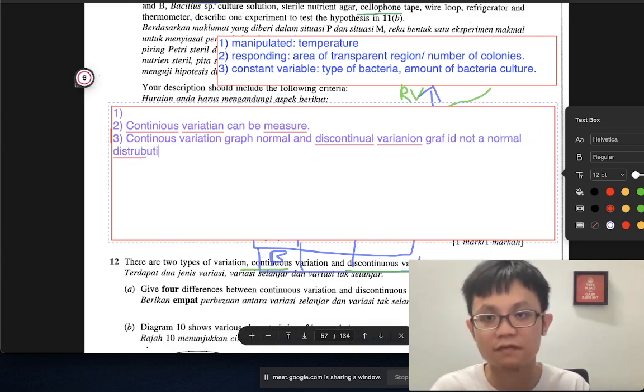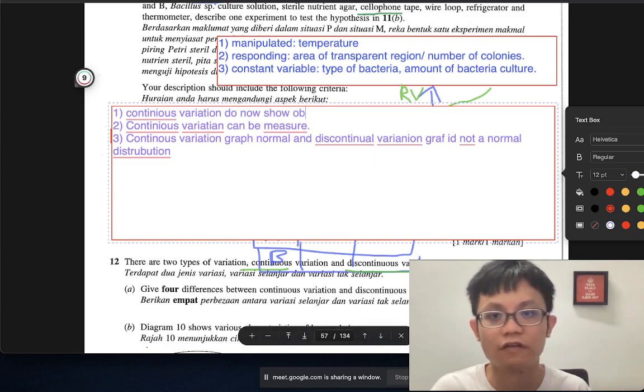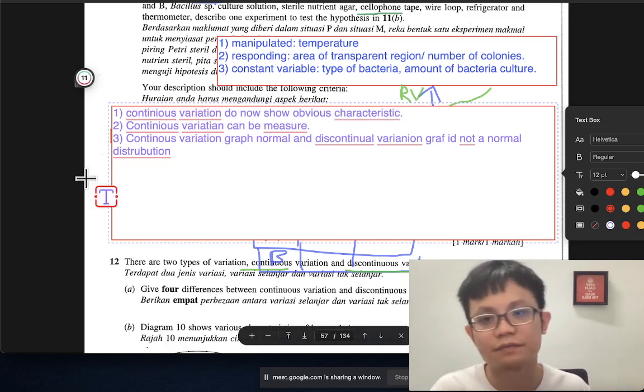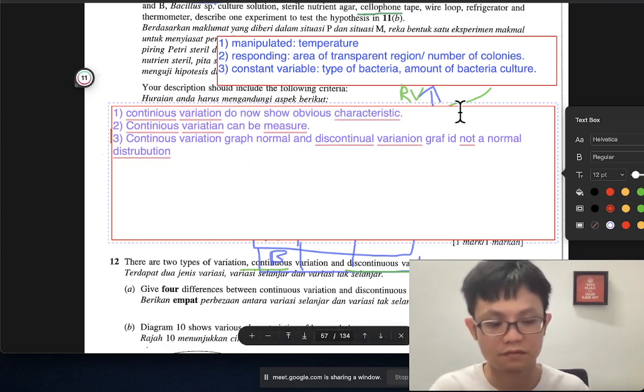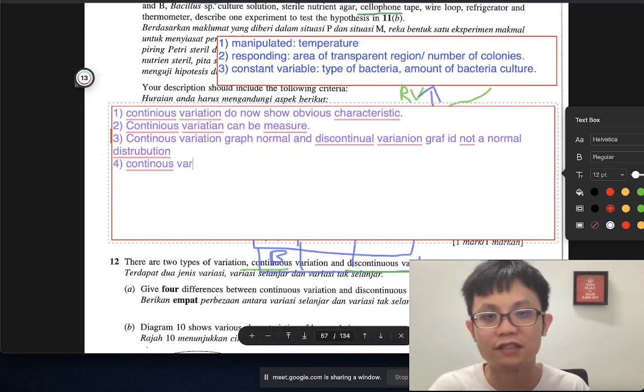Then I put continuous variation does not show obvious characteristics. Some more, the last one. Maybe we can say that continuous variation is not inherited.